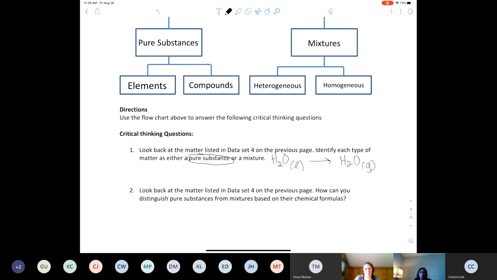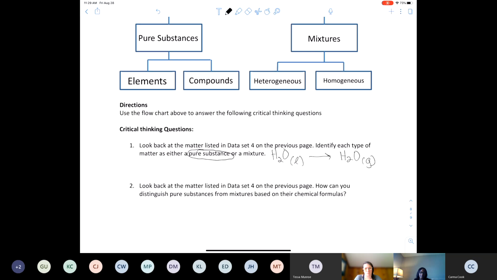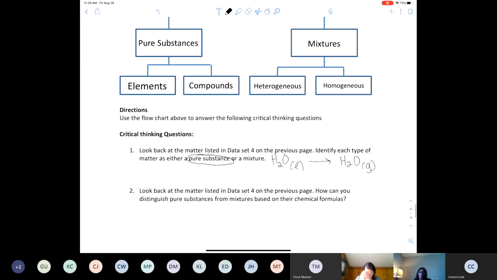And so if we remember the vials that we saw in data set 1, the NaCl, that's the sodium chloride.